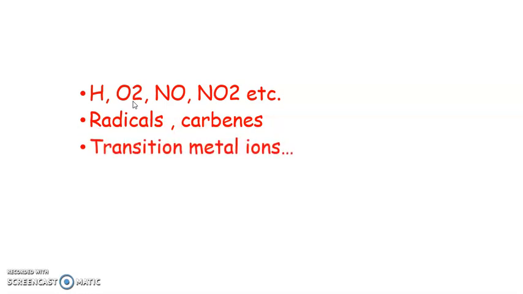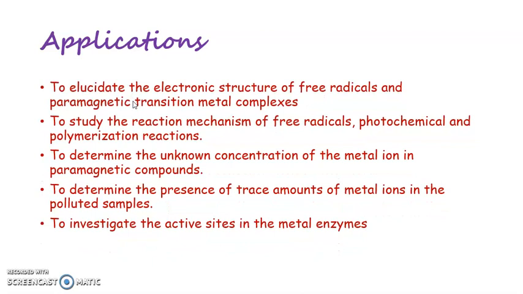Then transition metal ions, which may contain 1 to 5 unpaired electrons in their d orbitals. So it has different applications in fields such as organic reaction mechanisms, in metal complex studies, and in biological fields.